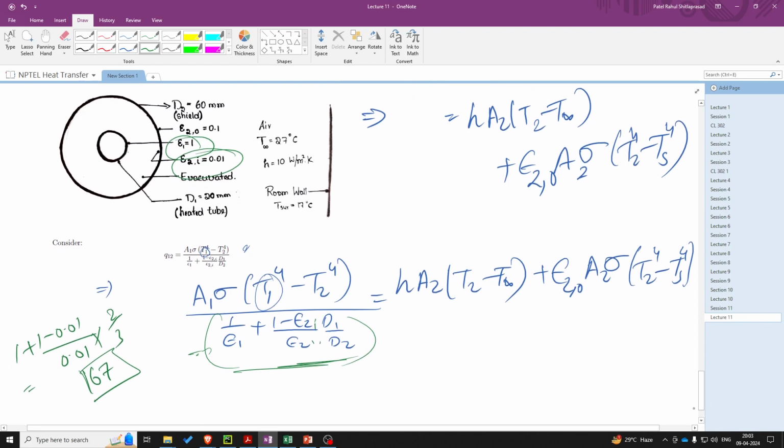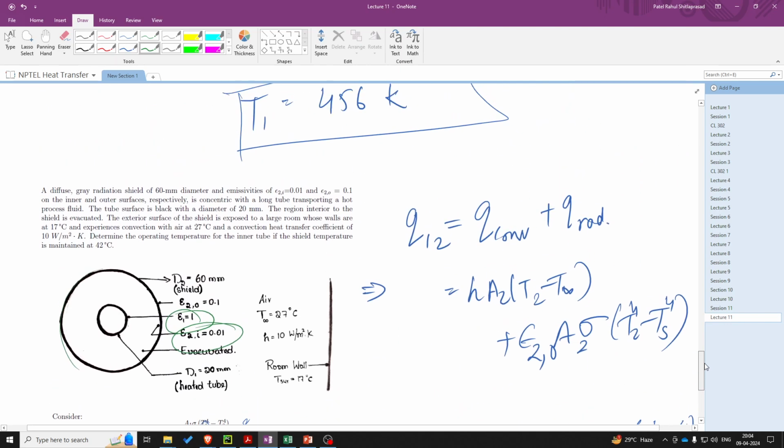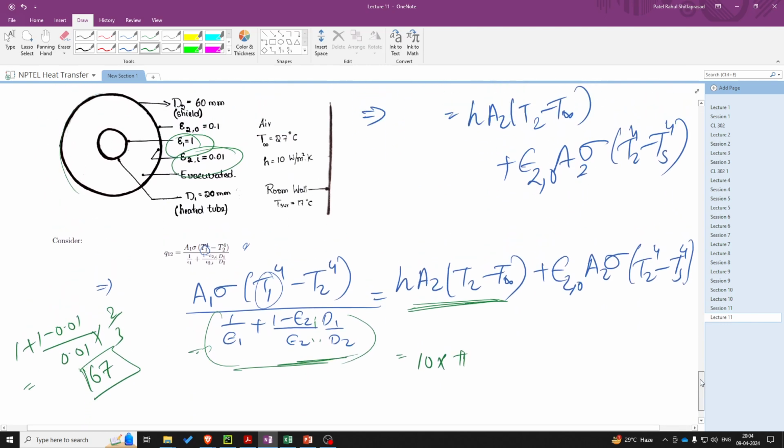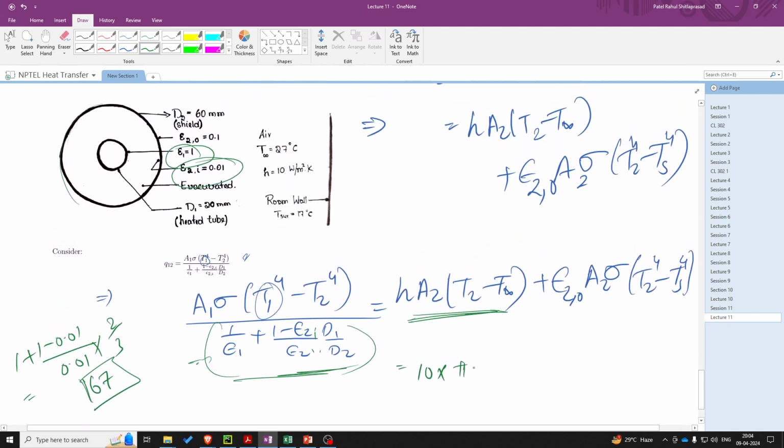So let's just find the other parameters. Let's just calculate this term. The value of h is 10. Then the outer area is within this.